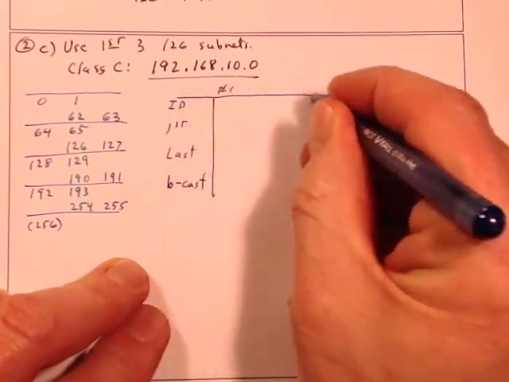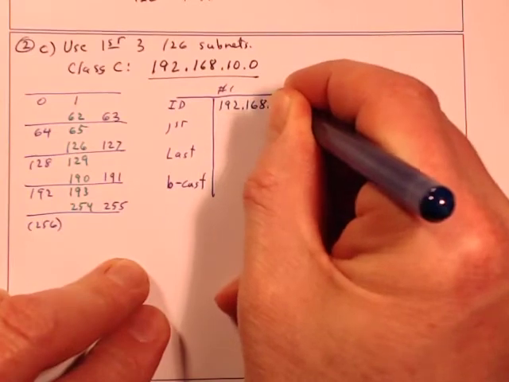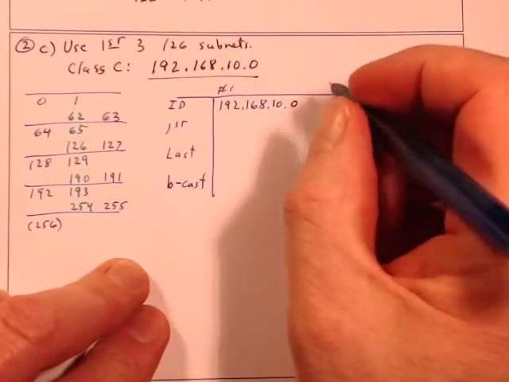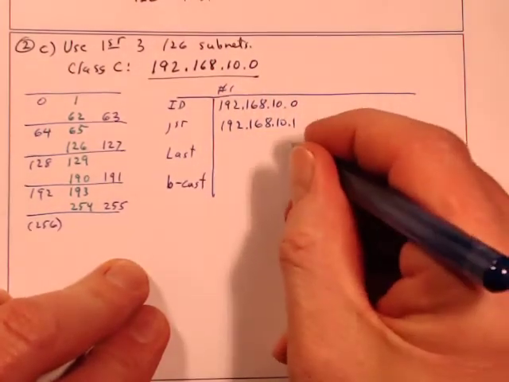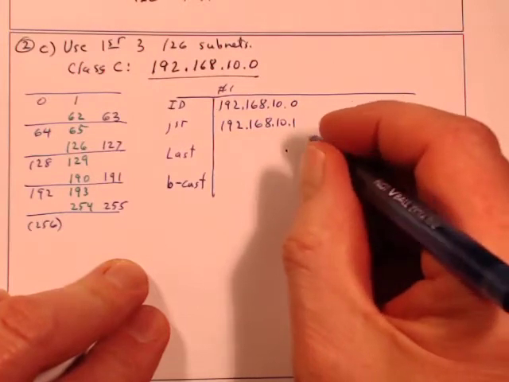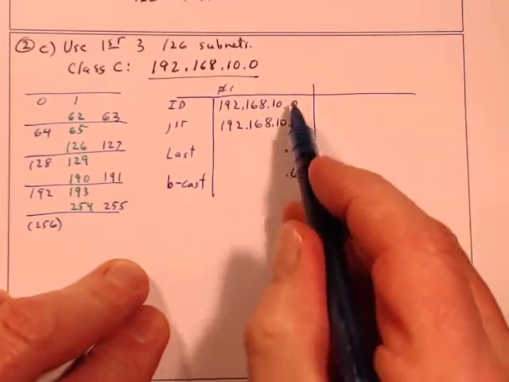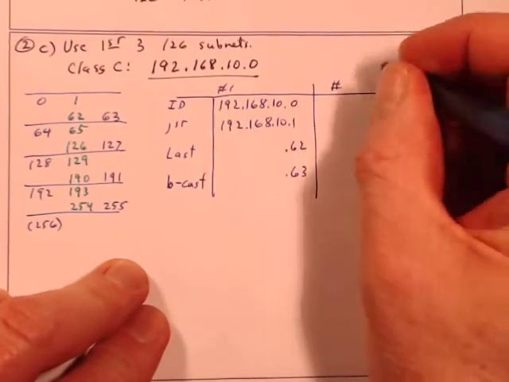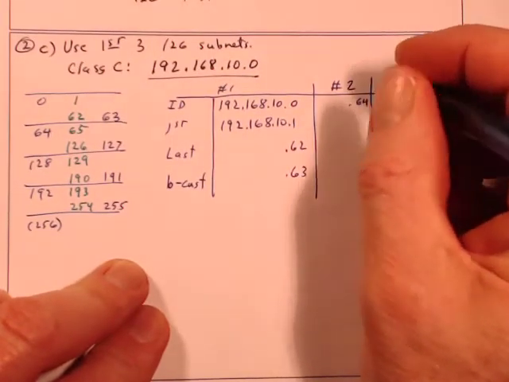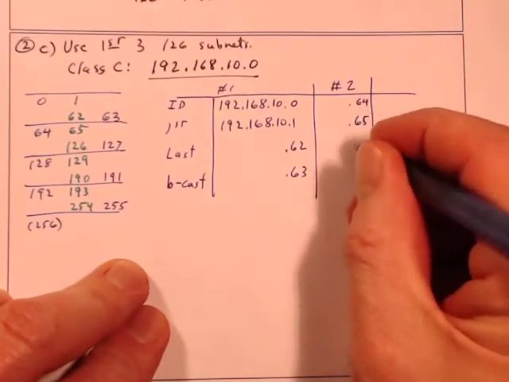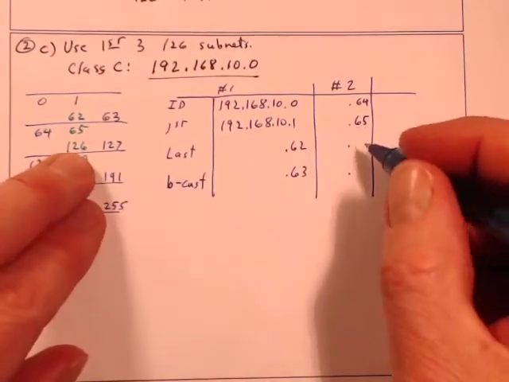We'll write down all 4 of these addresses for subnet number 1, and it's going to be 192.168.10.0, 192.168.10.1, and then dot 62, and then dot 63. And I'm going to stop writing the first 3 octets. For subnet number 2, it's dot 64, dot 65, dot 126 and 127.